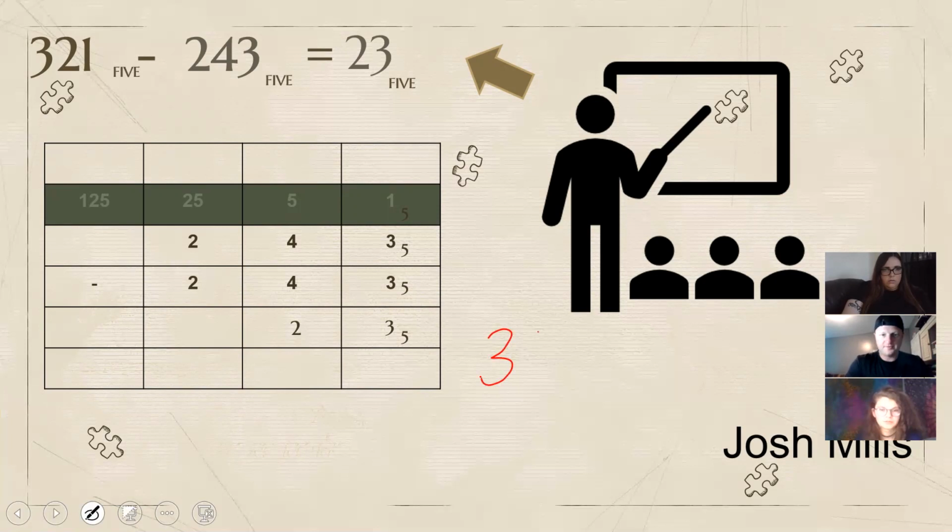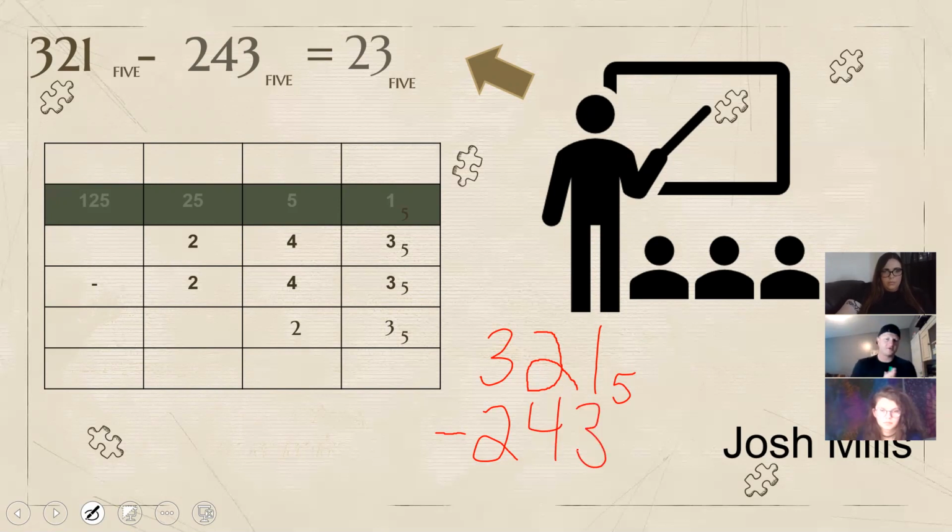Yeah, real quick. 321. I thought there was a way for me to have control too, but I didn't know. And then do a 5 at the bottom. Yeah, so you would do 2 minus 243. Yeah, do the power of 5 at the bottom minus 243. So it's like normal subtraction with the power of 5 at the bottom of that.